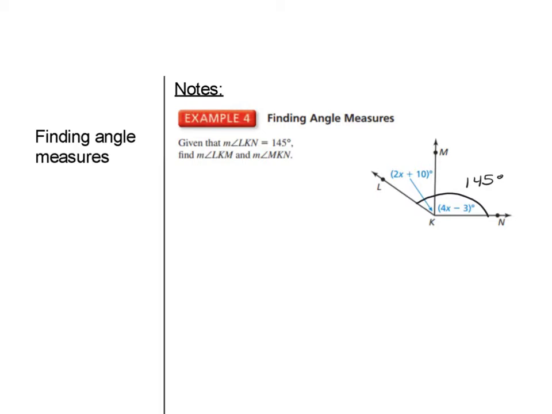So I'm going to find this angle here on the inside, and MKN. So that's this angle here. So the two smaller parts make the larger one, right? One of the smaller angles is 2x plus 10. The other small angle is 4x minus 3. And they make the larger angle, which is given to me as 145.